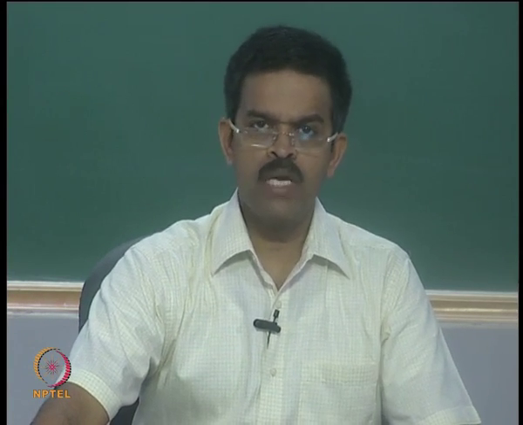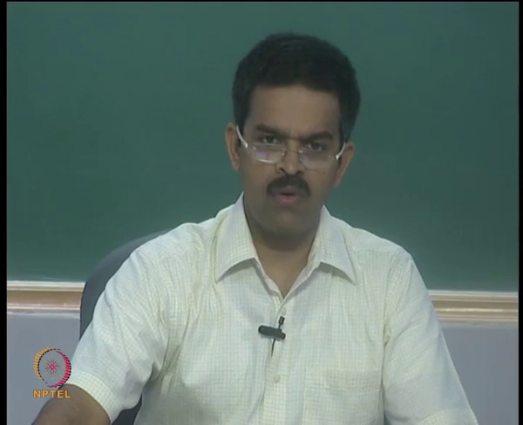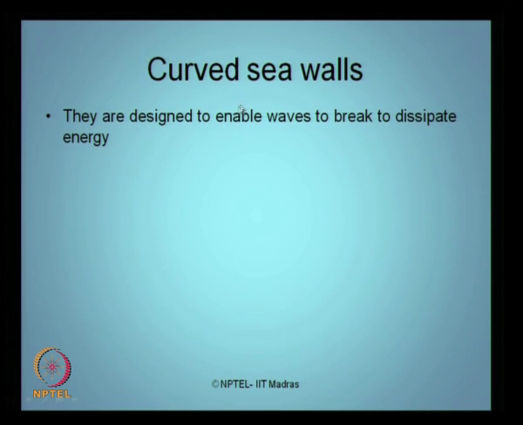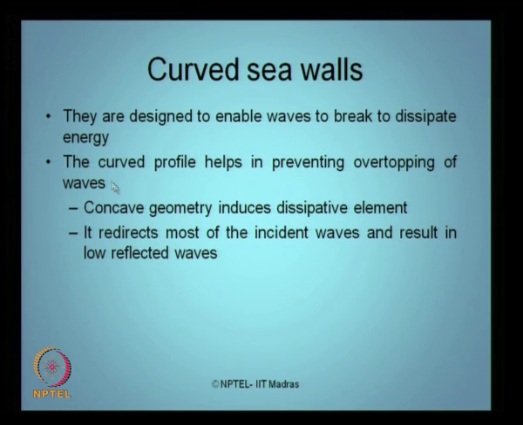Alternatively, to improve the aesthetics of a sea wall, you can have what we call curved sea walls. They are designed to enable waves to break or to dissipate the energy. The curved profile helps in preventing overtopping of the waves. The concave geometry induces a dissipative element, therefore it dissipates the wave energy attacking the wall.